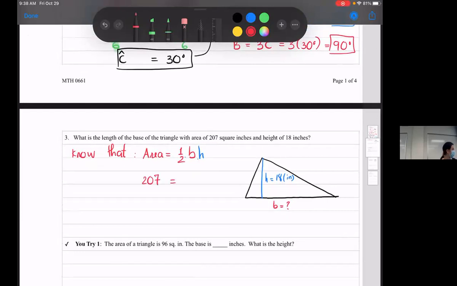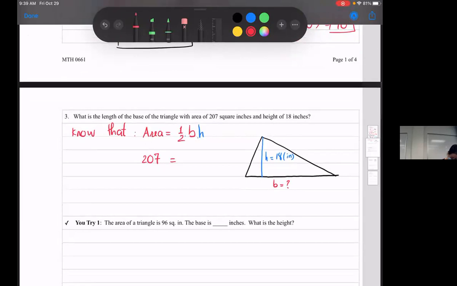By the way, before you do anything, make sure the units are the same. I could change the 18 inches into 1.5 feet, or turn everything into inches. Sometimes they have different units, so you have to convert. 1/2 is 1/2. B is what I want to find, so leave it as B.